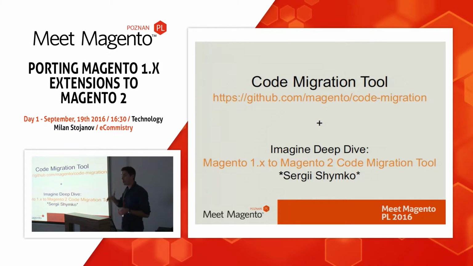But if you're more like visual learner, like me, for example, there is a great presentation on using code migration tool by Sergey Shipko. So it's available on YouTube, and I highly recommend for you to check it out. He explains it in detail. But essentially, what this extension does, it accepts Magento 1 extension as an input. It does its magic, and then it produces the output that should be compatible with Magento 2.